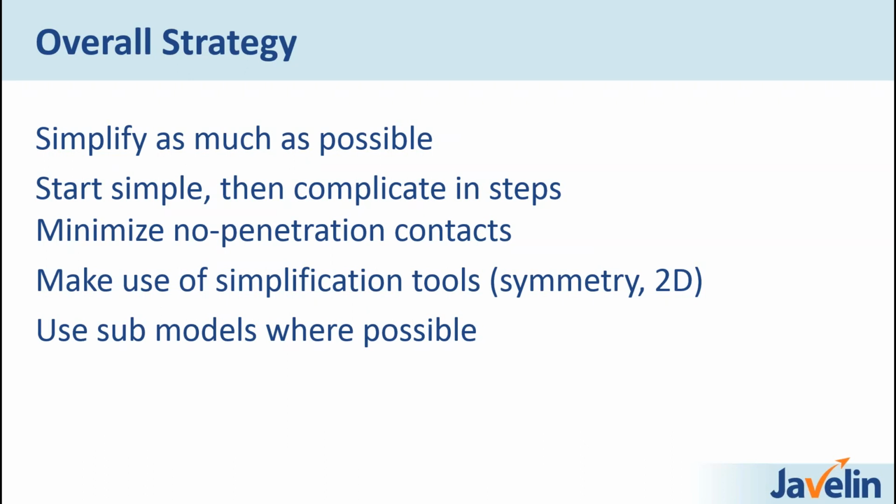So I would always recommend starting with the simplest thing you can, which might be very, very coarse meshing, draft quality mesh even, and even running bonded contact on all of your parts. Even if that's not realistic, it's going to let you make sure the analysis runs, and then you can go in and start adding your contact piece by piece.